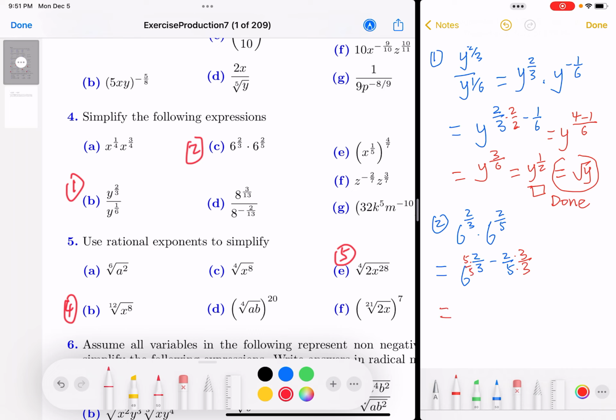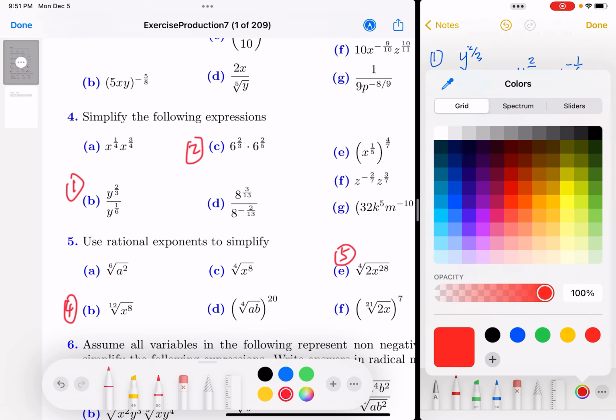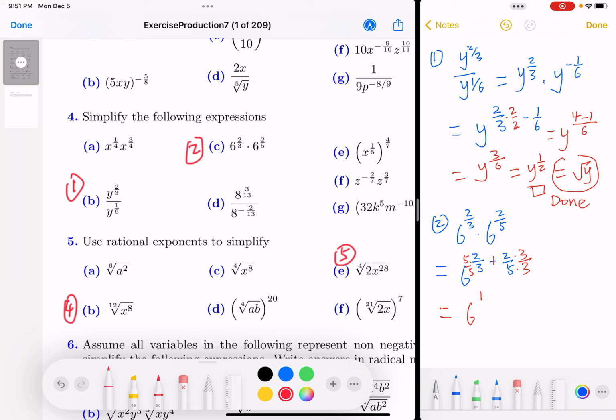And then what you get will be 6 to the exponent: 2 times 5 is 10, plus 2 times 3 is 6, over 15. Downstairs is 15.